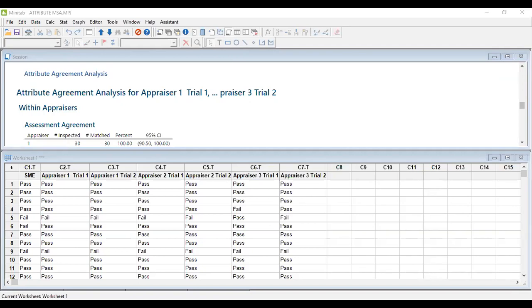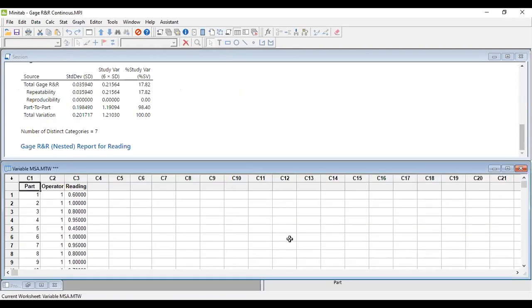Now let's look at another set of data, which is the continuous data. Okay. Now here what we've done is, let me show you a thing. Can you see the new sheet? Yep.